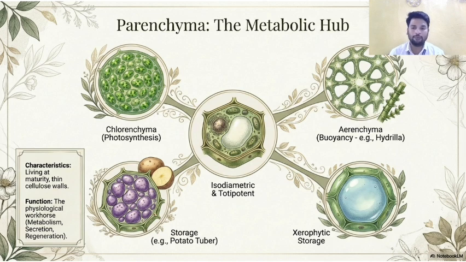When parenchyma cells store starch within them, that is known as a storage function, as in tubers. And in xerophytic conditions, these parenchymatous cells store water. So parenchymatous cells provide a very important function in metabolism, secretion, and regeneration.